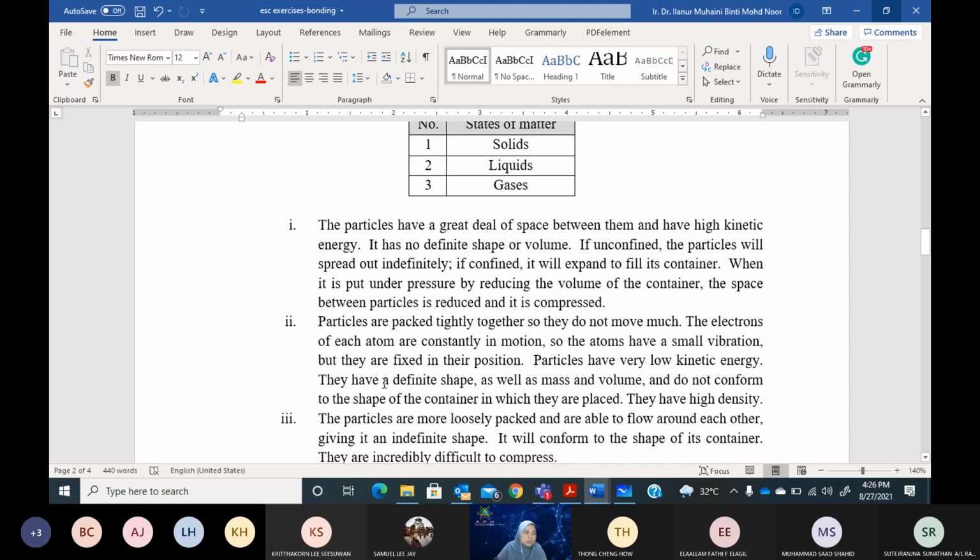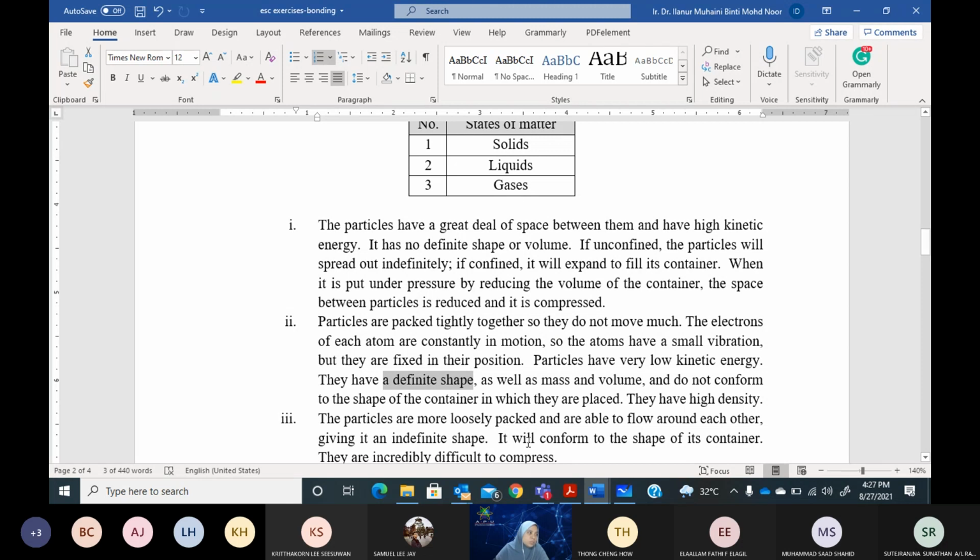This is the most important statement. Definite shape, like table, box, computers, all these have definite shape. This is solid. Not liquid. Liquid doesn't have definite shape. So, number 2 is solid.